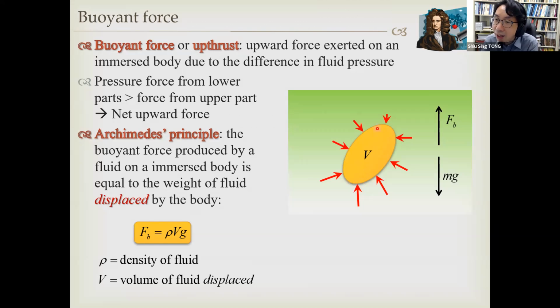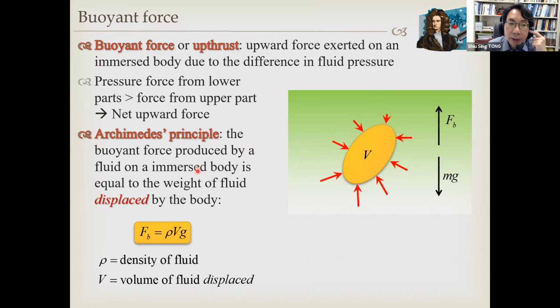The upper surface is closer to the liquid surface, so the pressure force exerted on it is less. The fluid pressure at the base is larger than at the top, so there will be a net upward force from the fluid on the object, and that is the upthrust.